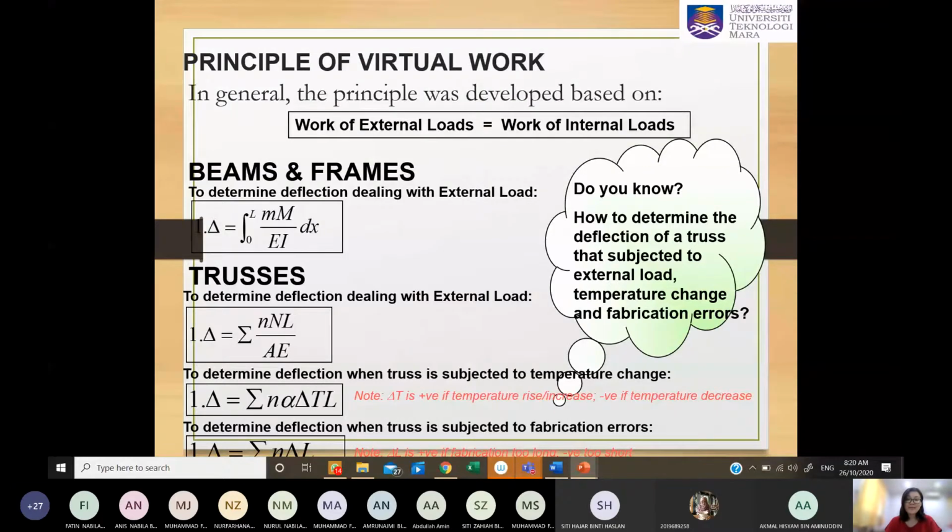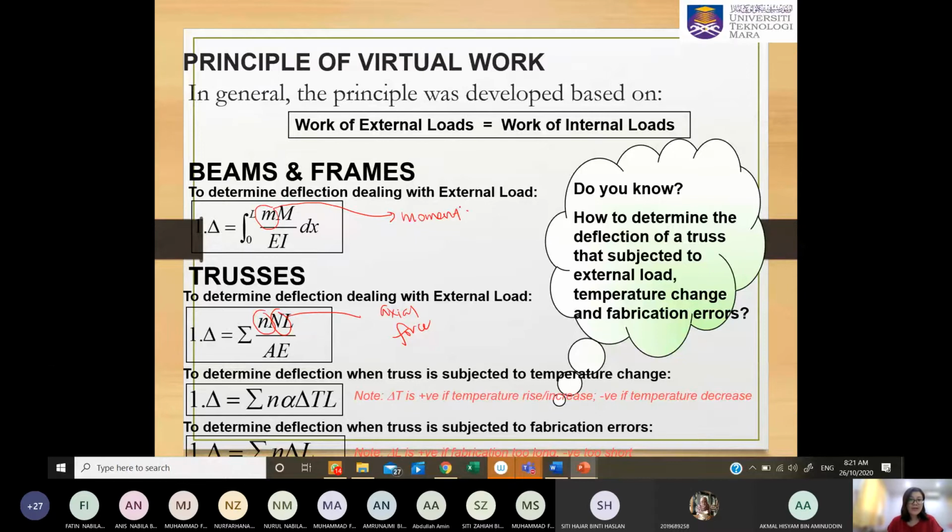Therefore, when determining this deflection, we are using axial force. But in these beams and frames, the significant internal force will be the bending moment. So we are going to use moment right now in our calculation.